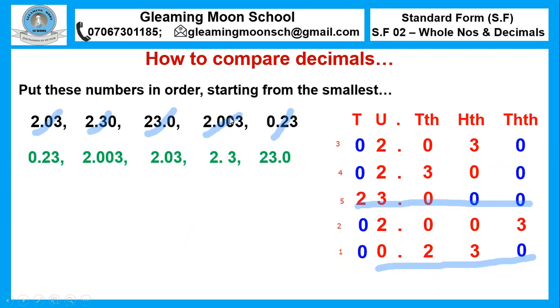If you were asked to put them in order starting from the biggest, you're going to go from here, 23.0, to 2.3, to 2.03, to 2.003, and then 0.23. So it's just the other way around. Okay. So you can see our first number 0.23 is there. Our second number 2.003 is there. Our third number 2.03 is there. And then our fourth number 2.30.